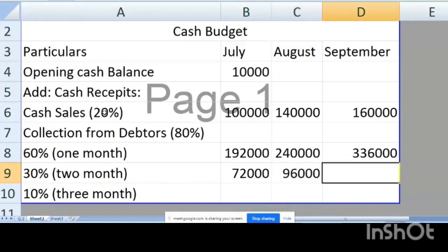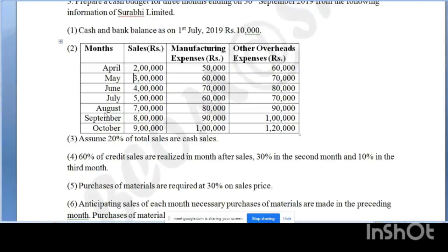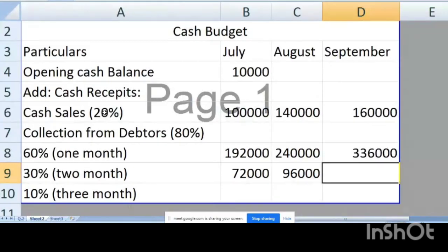And then last, for August, you should start from, for September, you should start from July. 1,20,000. Okay. I repeat it once again.